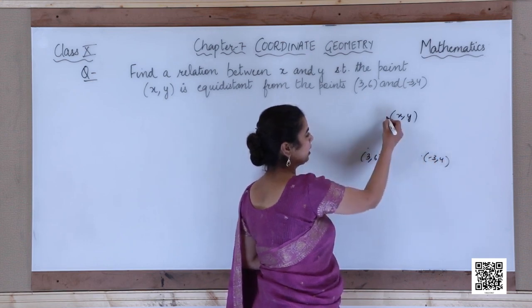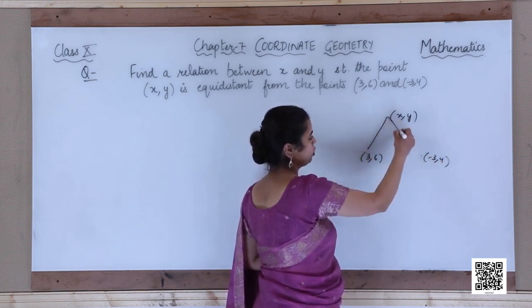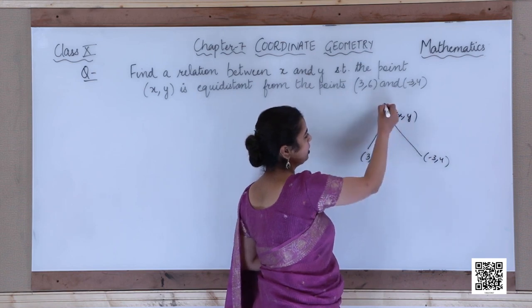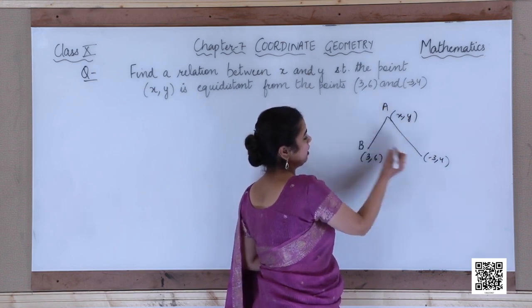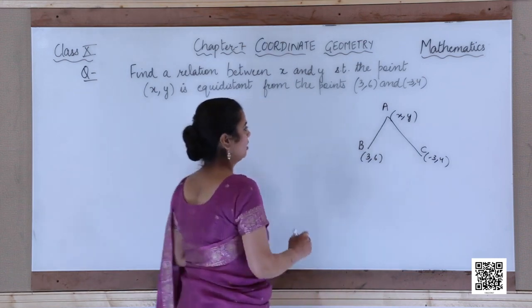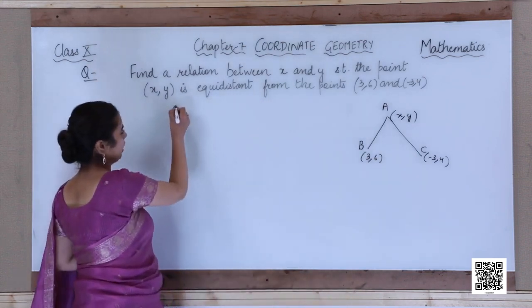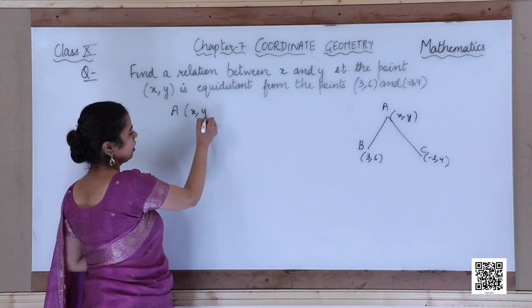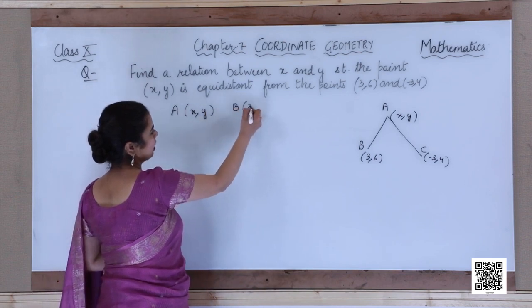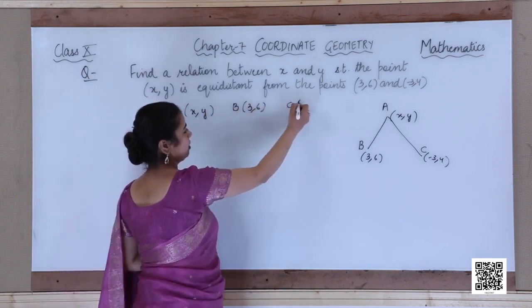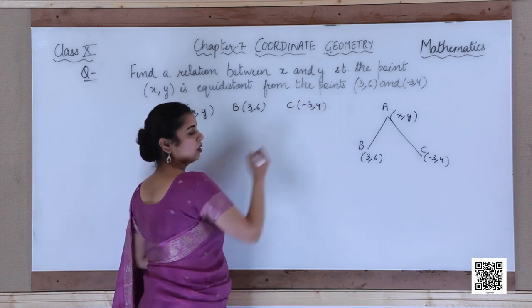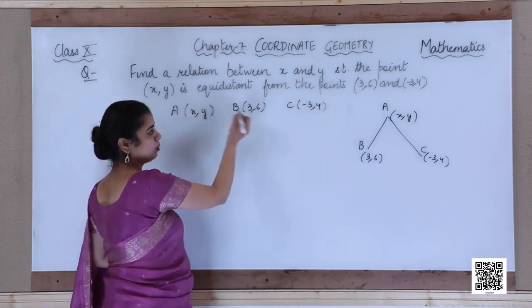We are given that (x, y) is equidistant from these 2 points. Let us name these points as A, B and C. So if I write A as (x, y), B as (3, 6) and C as (minus 3, 4), we are given that A is equidistant from B and C.